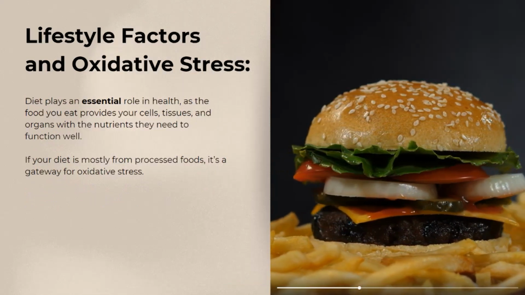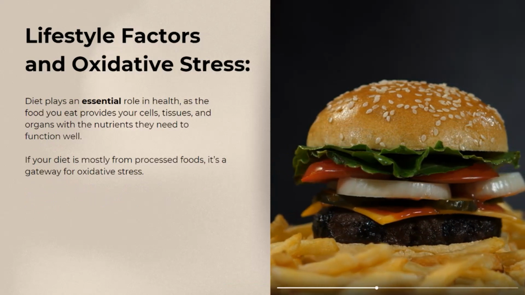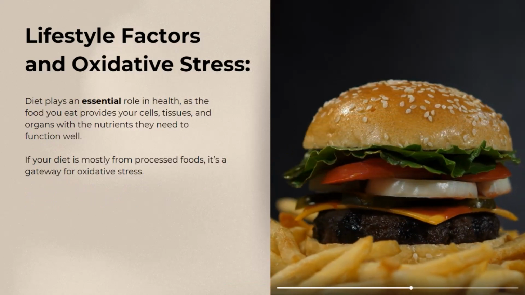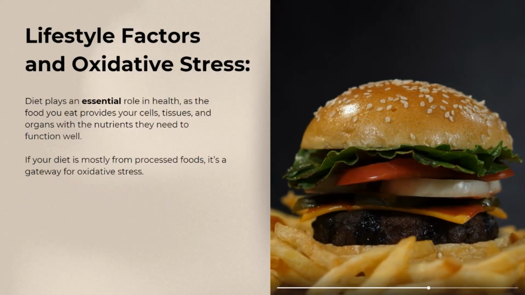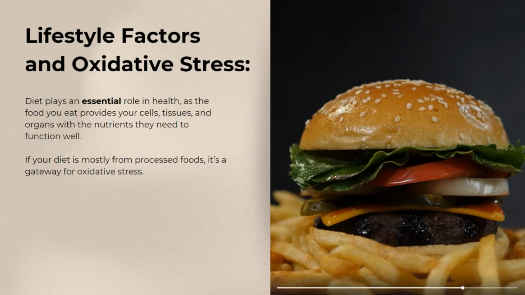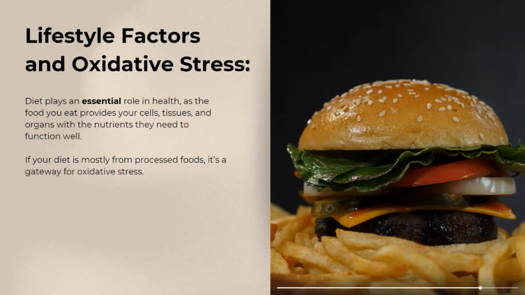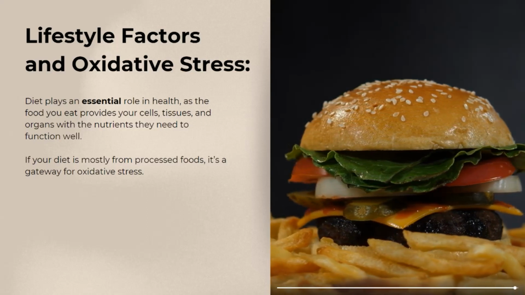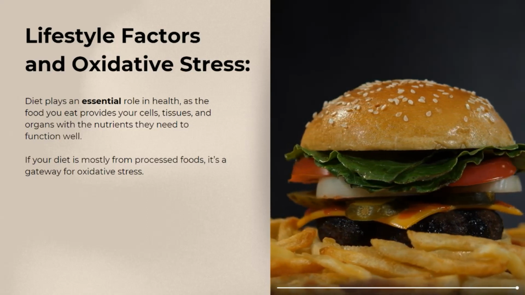Excessive consumption of processed foods, junk foods, sugary foods, especially refined sugars like high fructose corn syrup, can lead to an increase in ROS, or reactive oxygen species, production. And this can occur through processes such as glycation and the activation of inflammatory pathways in the body.